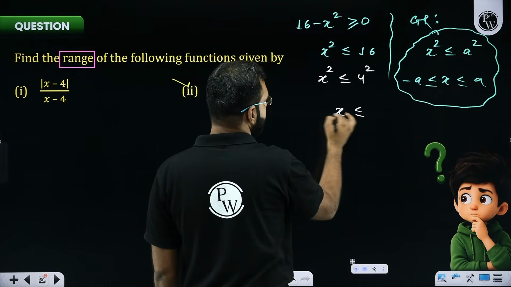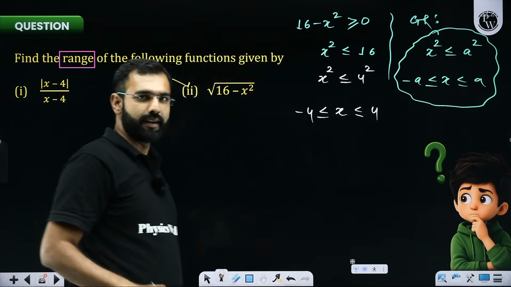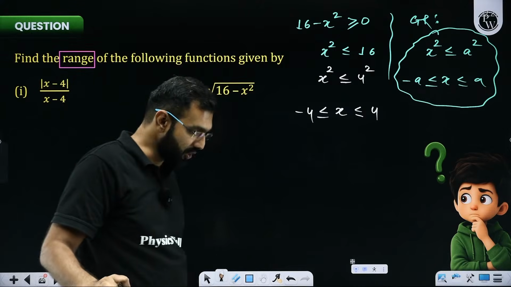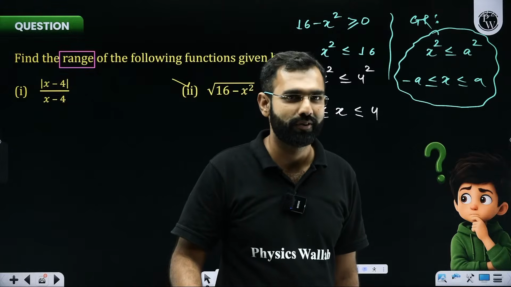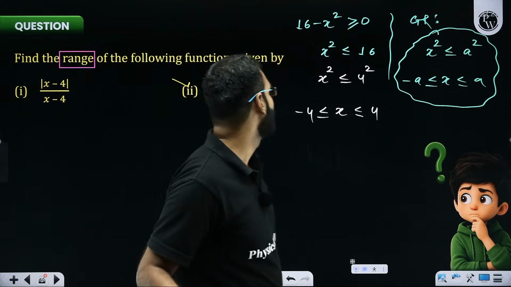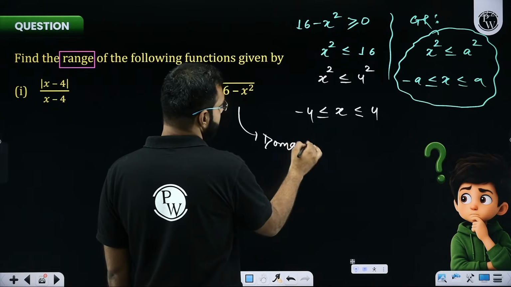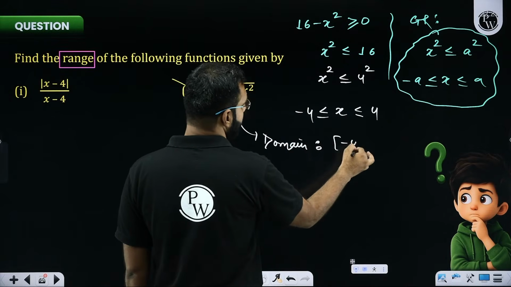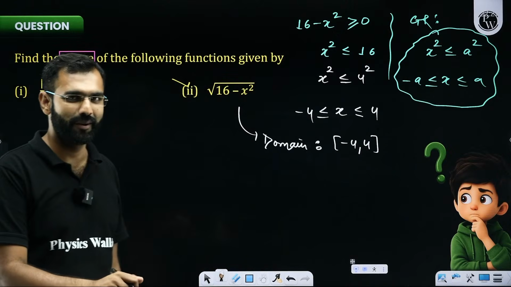So I can directly say that x will lie between minus 4 to 4. Sir, does it have anything to do with range? I don't know, but if you are asked the domain, absolutely, Vijay, what you'll say is minus 4 to 4. So input I can take from minus 4 to 4. That's the domain. I think it was easy, doable, understandable, yes or no.